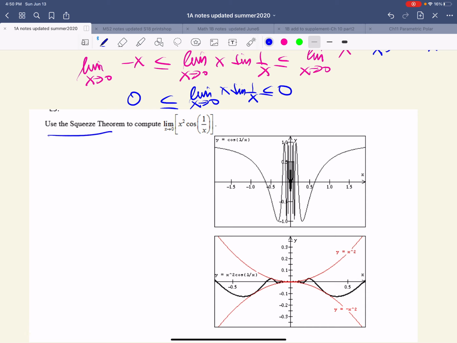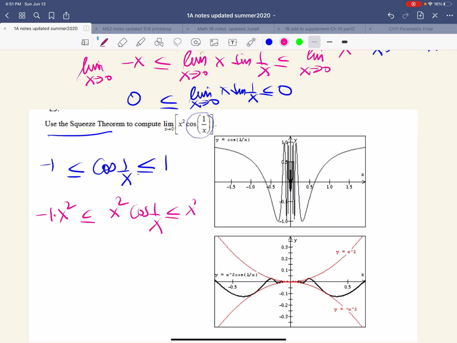Another example of using the squeeze theorem. Another trig function, cosine of 1 over x, can be squeezed between 1 and negative 1. Cosine and sine always stay between 1 and negative 1. Now I'm going to multiply everything by x squared.